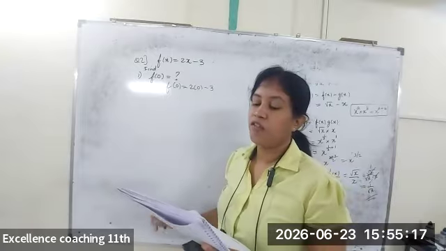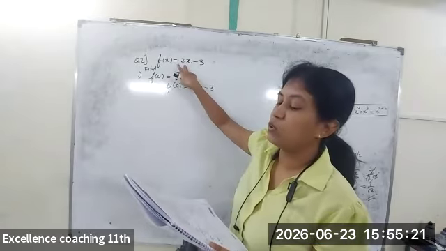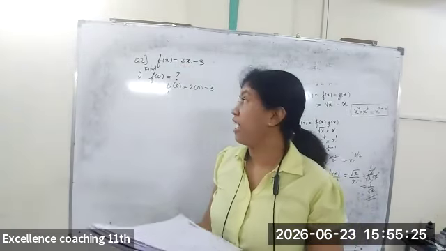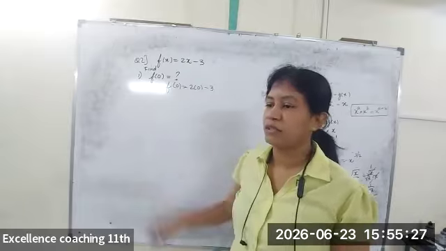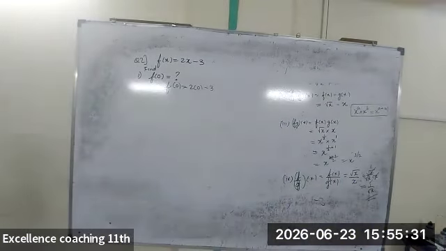Question number 2. A function f is defined as f of x, which is 2x minus 5. Write down the values of f of 0. That is the first question which is asked. So this is your f of x given. You have to find f of 0.